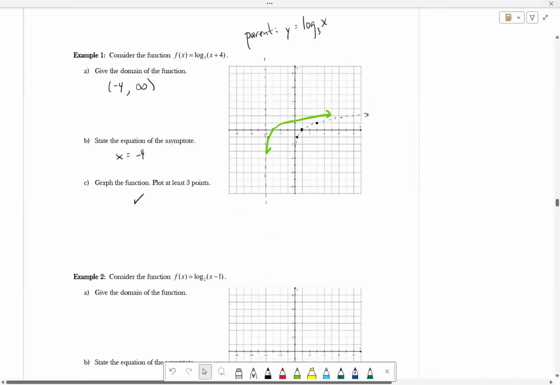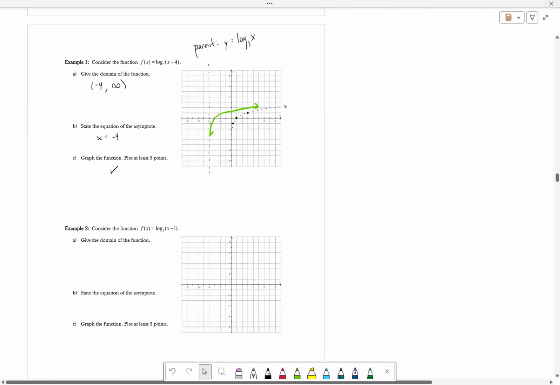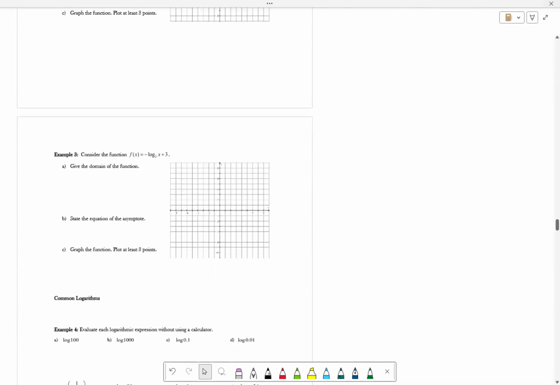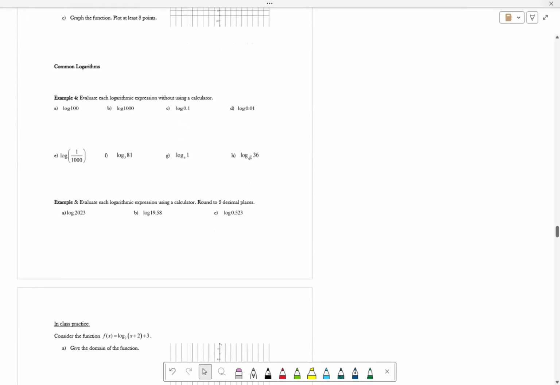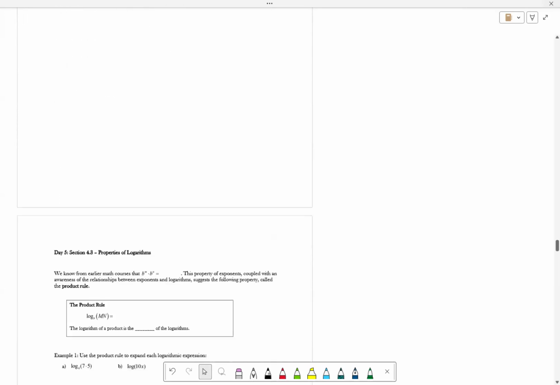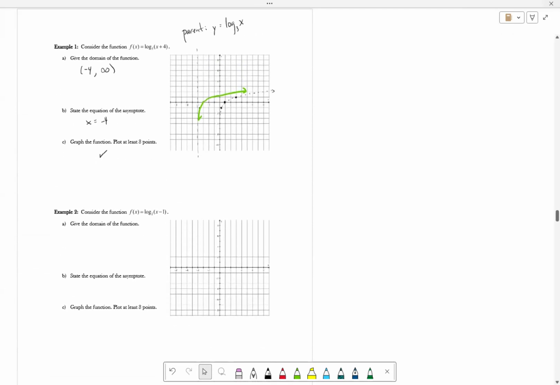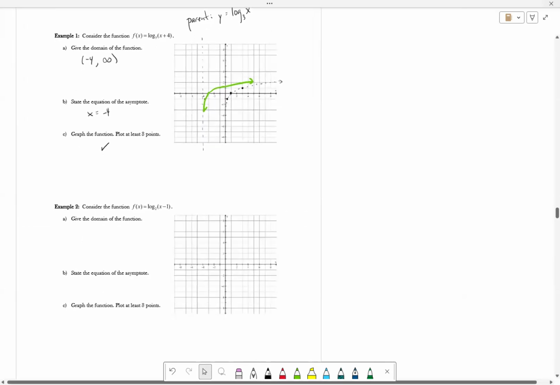Let's see what we could do, for example, 2. The parent first. Make sure your neighbor has the right parent function.